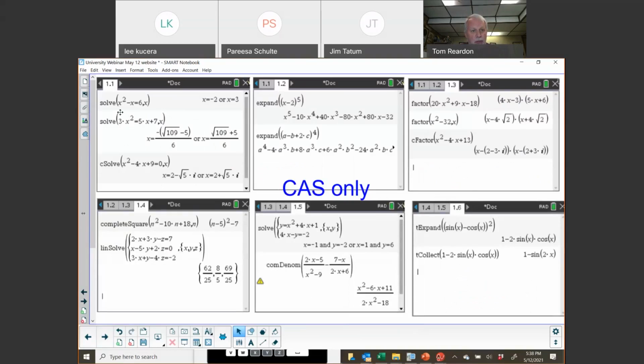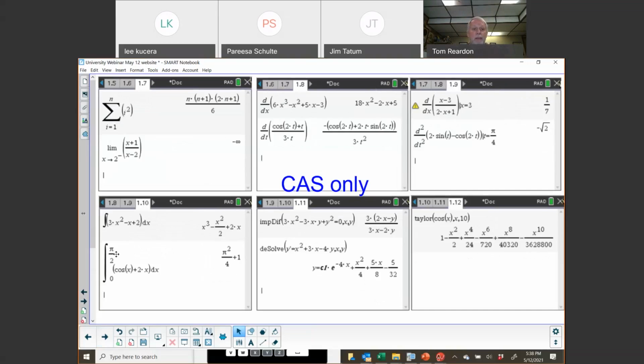So notice it'll solve equations exactly, whether they be irrational solutions, complex solutions, expand binomials, trinomials, factor expressions, even over the complex, complete the square, solve linear systems with nasty answers or nice answers, solve linear quadratic systems, add fractions, do trigonometry. But more for us, you'll notice it does summation. And notice how for i from 1 to n of i squared, it actually gives you the formula, okay?